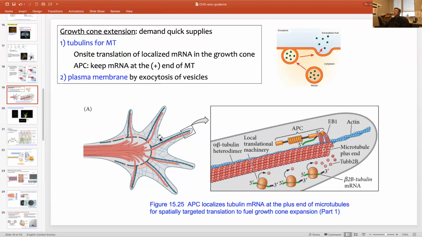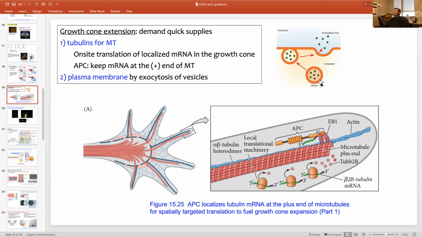As you can see here, if the filopodia is growing in this direction quite rapidly, then it needs plasma membrane material to support this membrane growth. That plasma membrane component is supplied by the exocytosis of vesicles. This shows the exocytotic events happening at the plasma membrane.